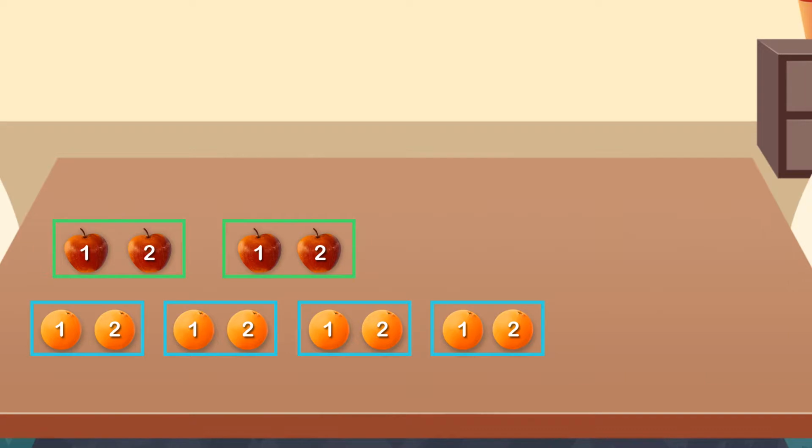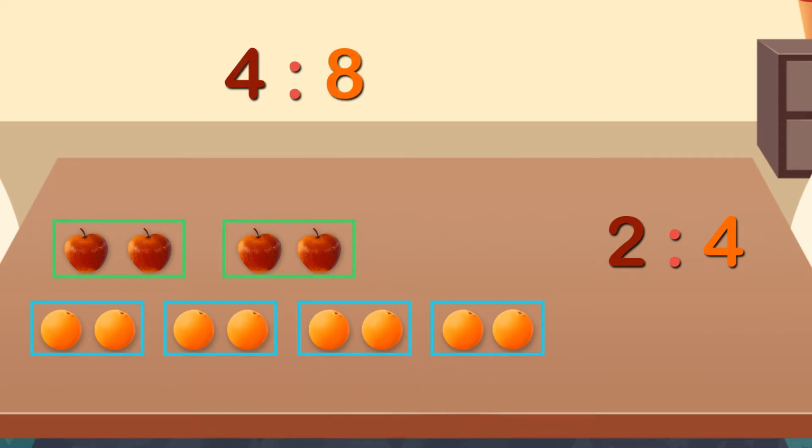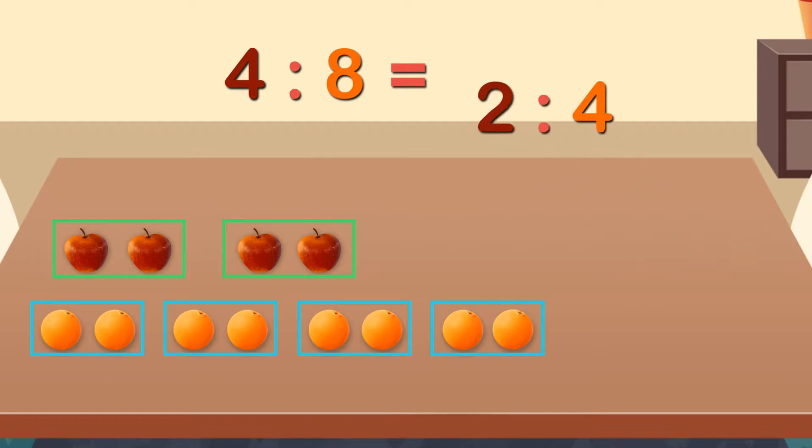So now if we take each group of 2 as 1 unit, we have 2 units of apples and 4 units of oranges. What is the new ratio? It is 2:4. Since we are still comparing 4 apples and 8 oranges, the ratio 4:8 must be equivalent or equal to the ratio 2:4.